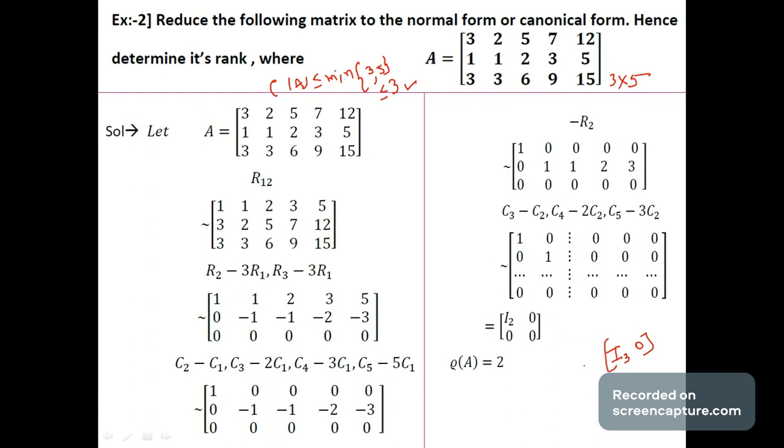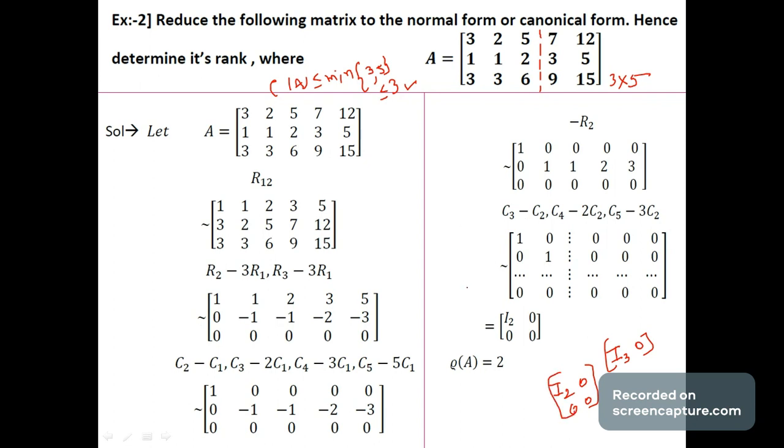That is I3, and the remaining all 0. Suppose the rank is 2, so the possible standard normal form is I2 0 0.